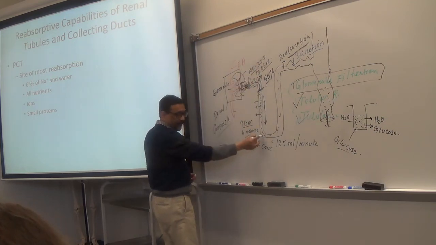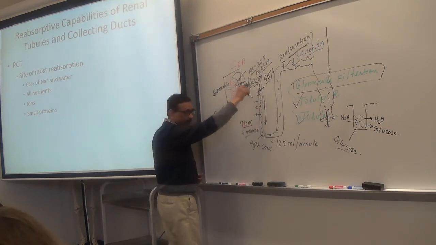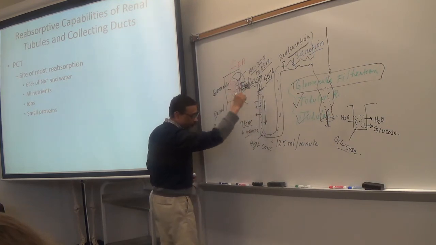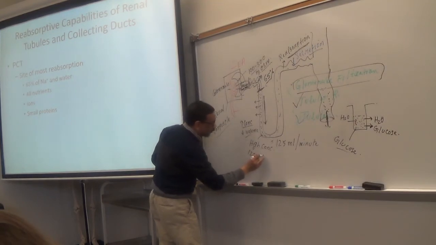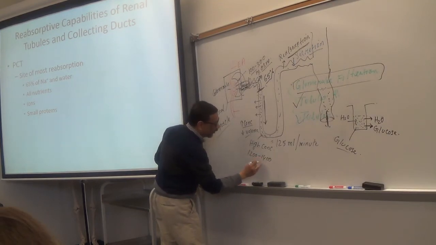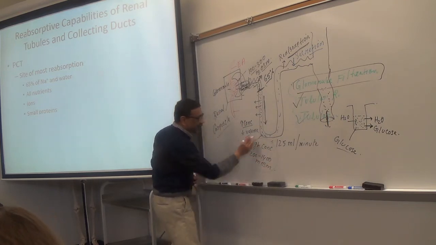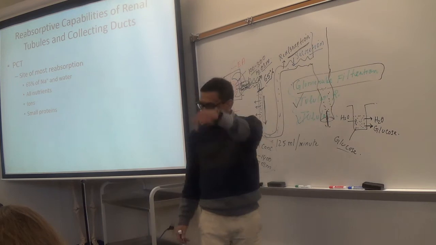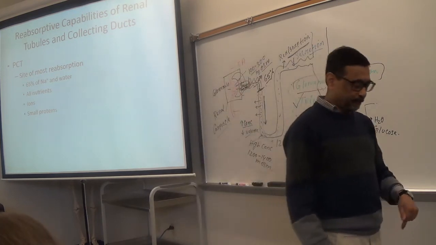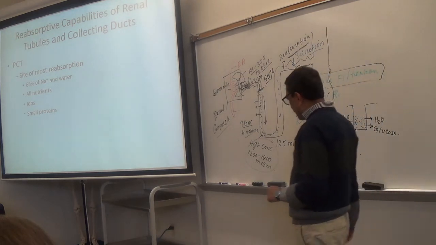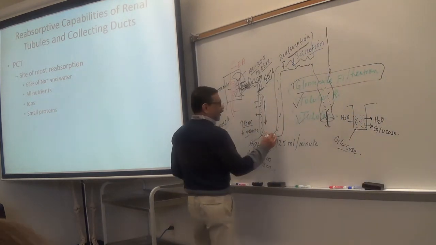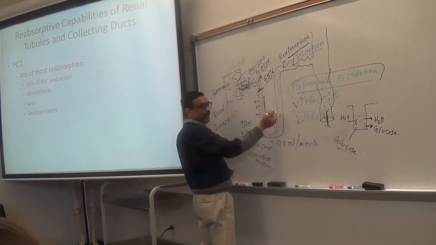And when it arrives at the bottom of the loop of Henle, the long loop, it is about 1200 to 1400 milliosmol. So very high concentration here, right? The bottom of the loop of Henle becomes highly concentrated.